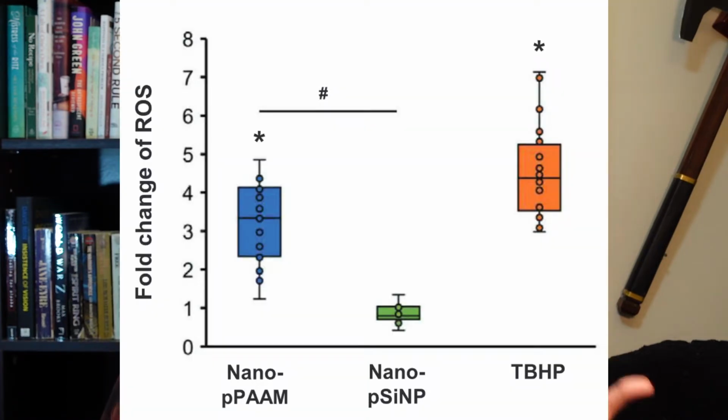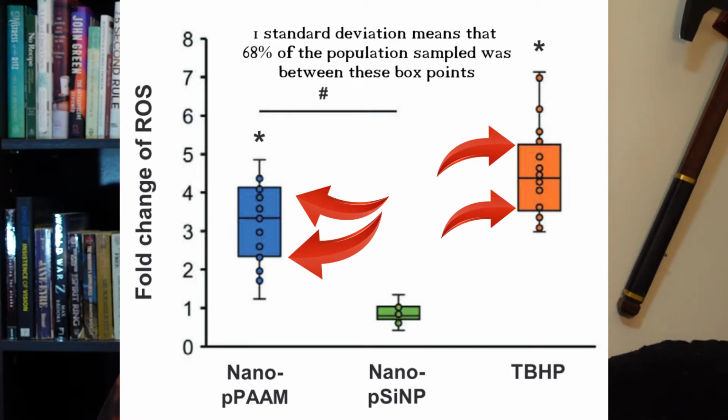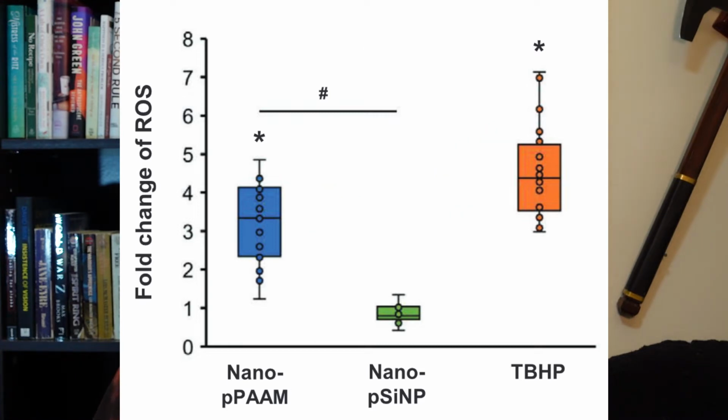Keep in mind that this is the amount of change in ROS from a normal cell. So the nano-PSIMP is less than 1-fold difference from normal. The nano-PPAM is an average of 3 to 4-fold difference, and the TBHP is an average of 4 to 5-fold difference. The nano-PPAM's first standard deviation overlapping the TBHP is super exciting because that TBHP is such a good creator of ROS.